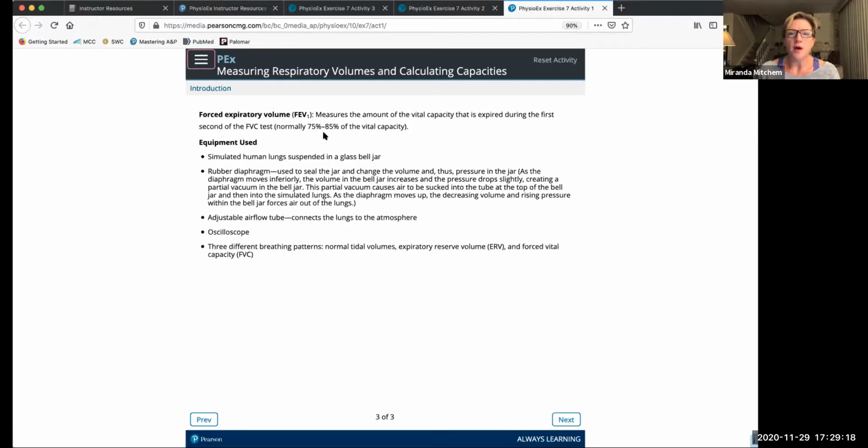Now, depending upon what reference you look at, there can be a little bit of variation in the lower limits of normal. For example, Physio Ex tells us that normally this ratio should be 75 to 85%. Your textbook says something else. We're going to go with a nice, easy number, and it's what I've put in the lecture. We're going to go with 80%.